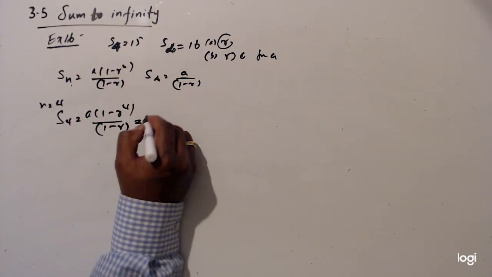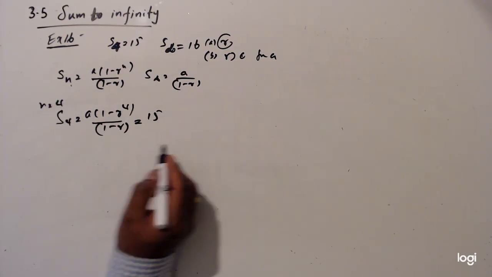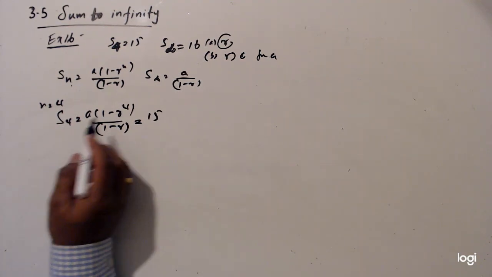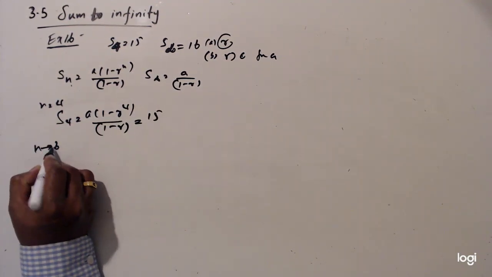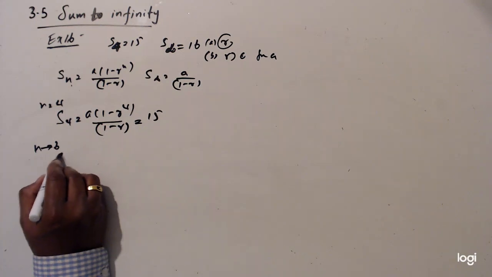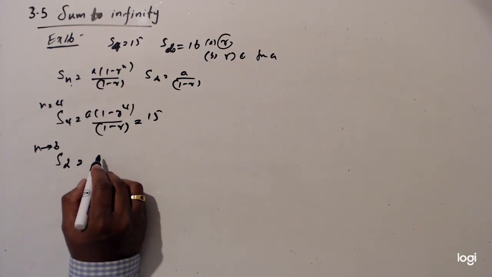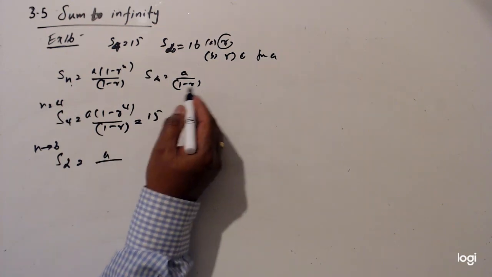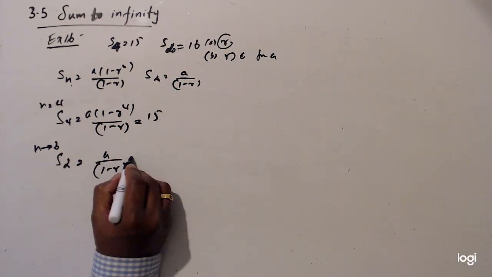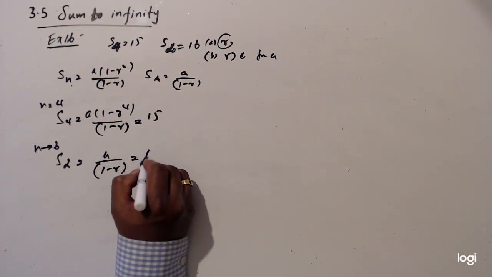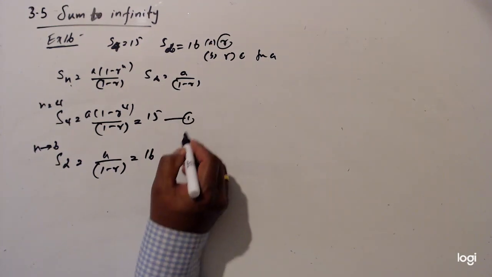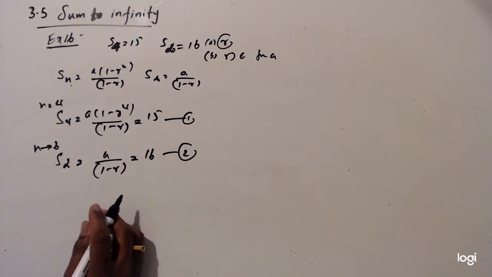That value equals 15. Then as n goes to infinity, S infinity equals a over 1 minus r, that equals 16. So this is 1 and this is 2.